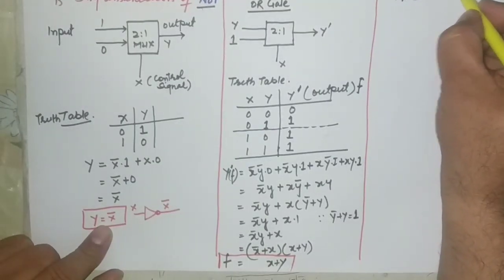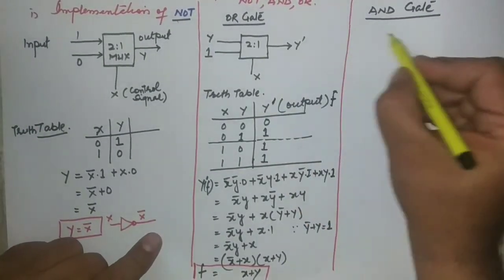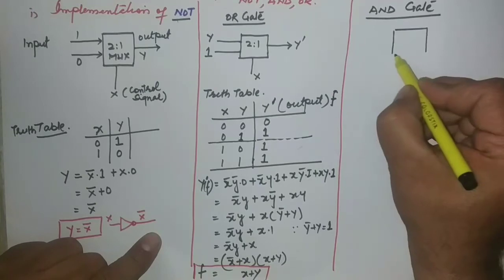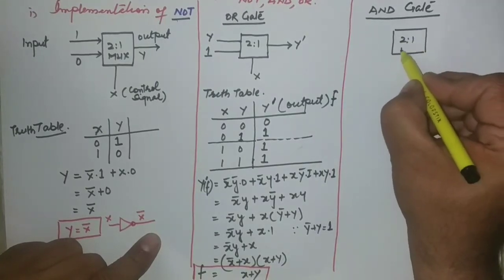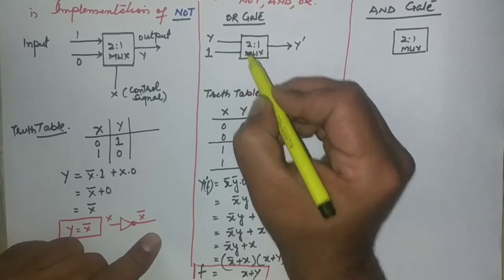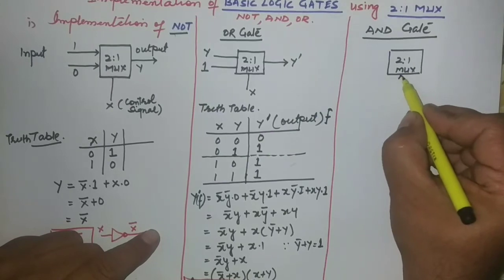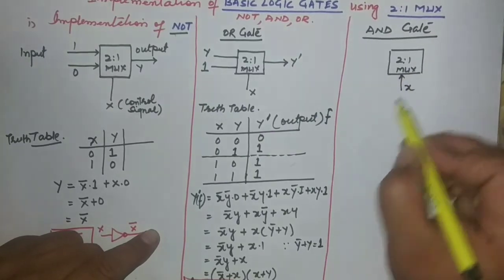Now we will discuss the AND gate, how we can implement it. For the AND gate, first of all we will draw the block diagram. 2 to 1 multiplexer, this is again the selection line x.